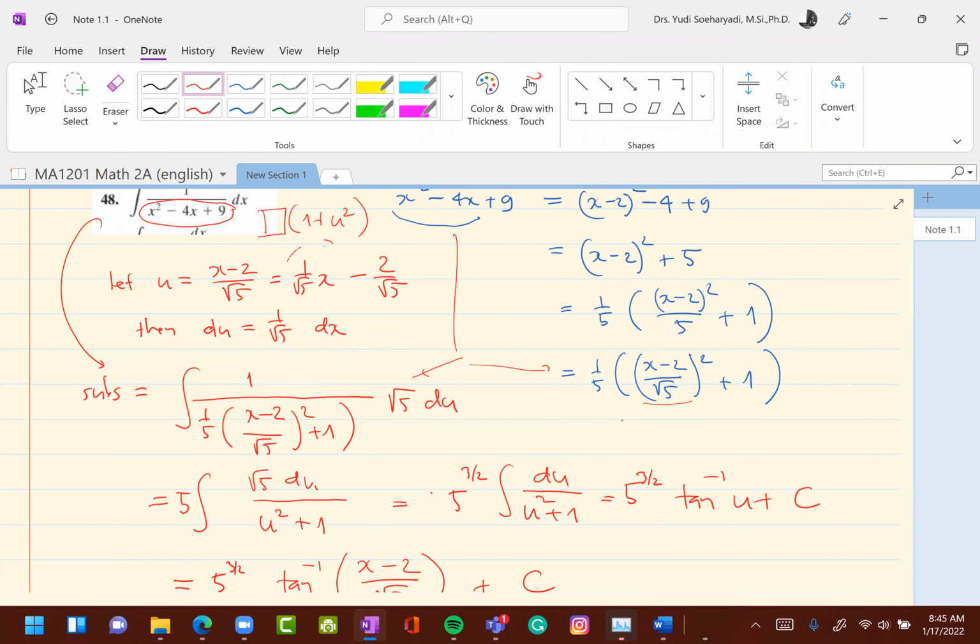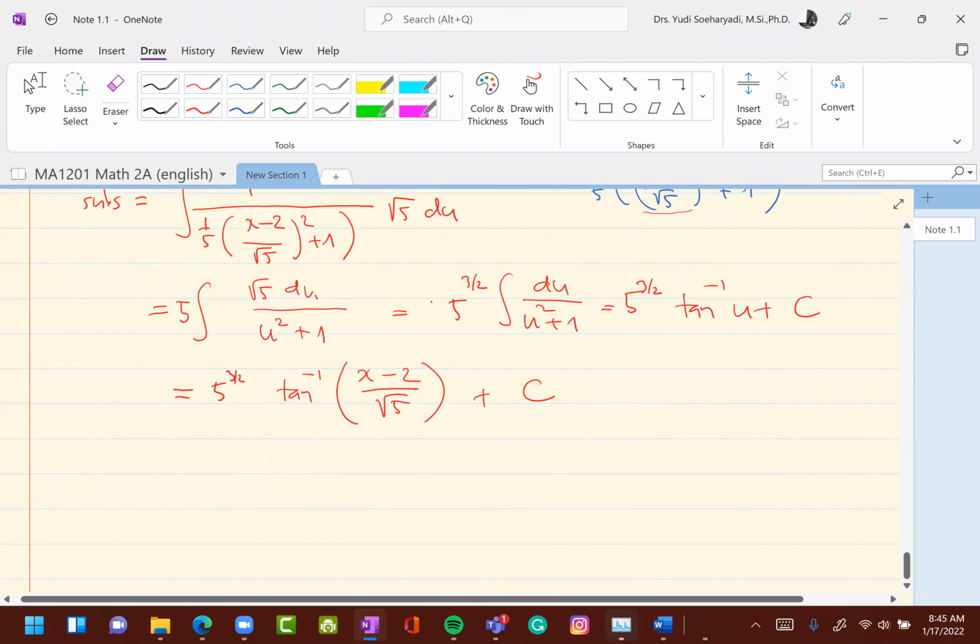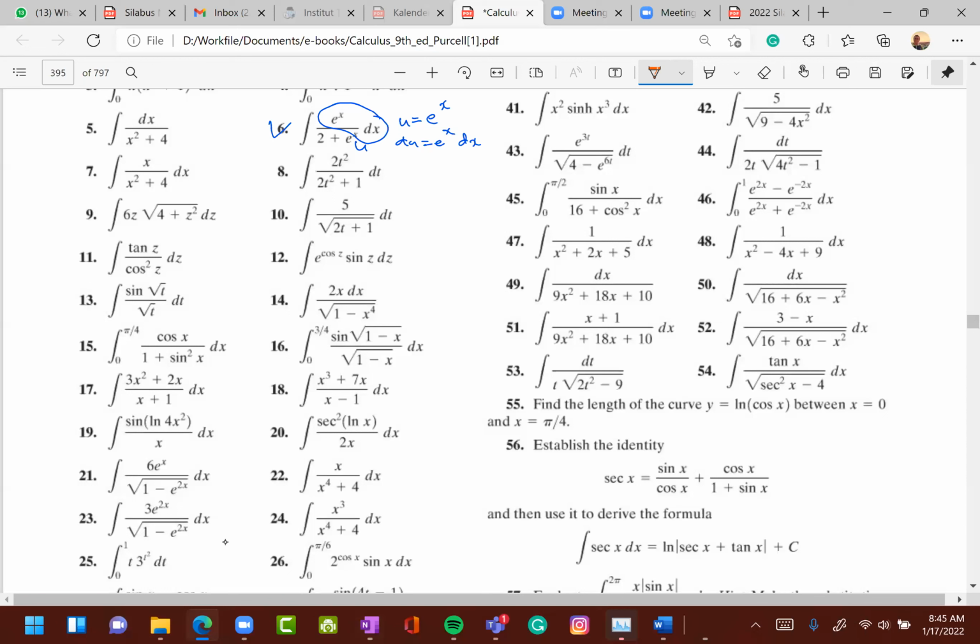All right, just one more exercise on the completing the square. Let's do this one here: 9x squared plus 18x plus 10.